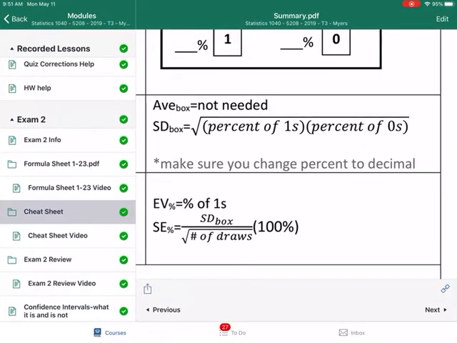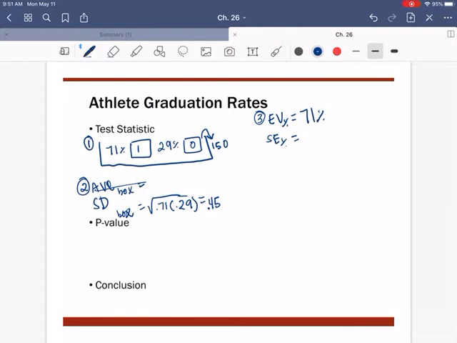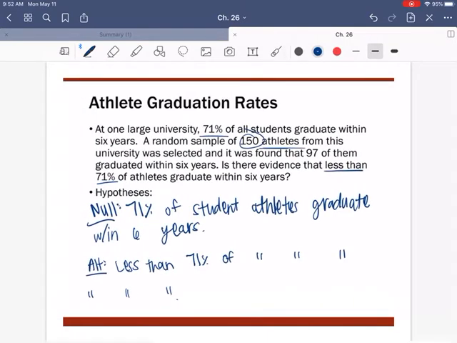Standard error percent is standard deviation of the box divided by the square root of the number of draws. 0.45 divided by the square root of the sample size times 100%. That's 3.7%.